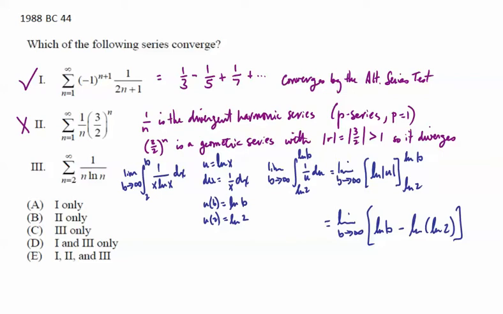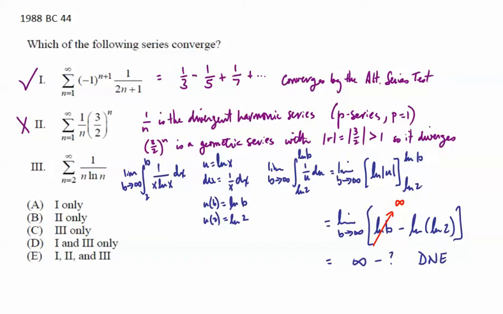And since the natural log grows without bound as x increases without bound, then that really is infinity minus some number. And that does not exist. That limit does not exist. So once you see one of the parts is going to go to infinity, then there really is nothing more that we can do at that point.